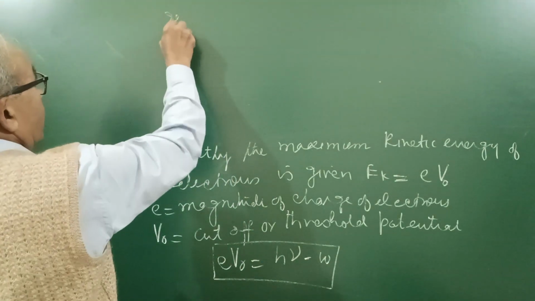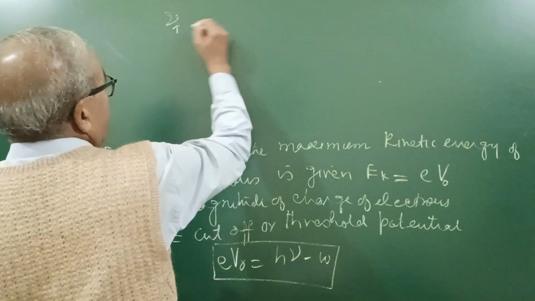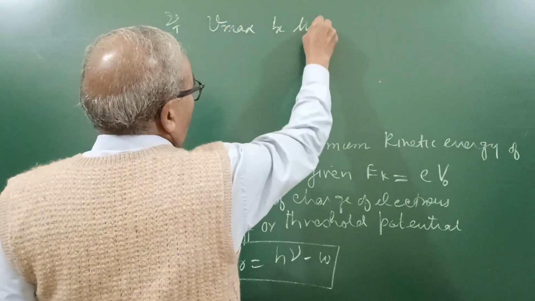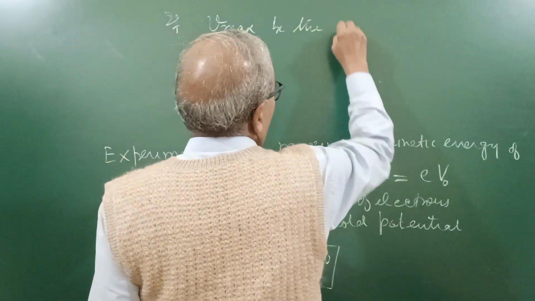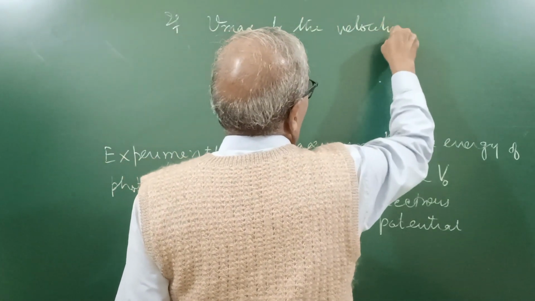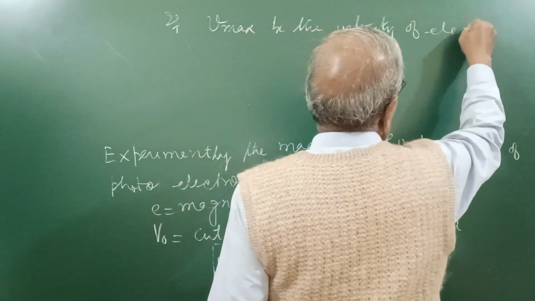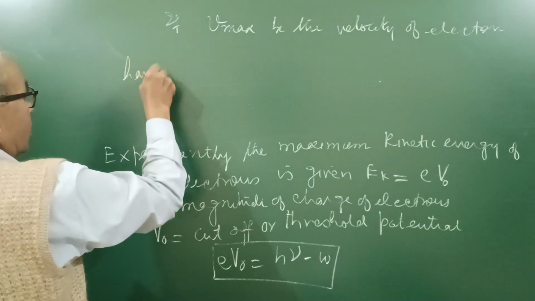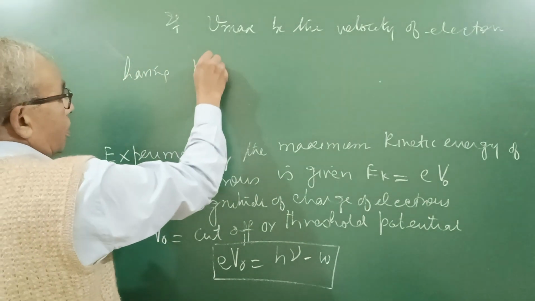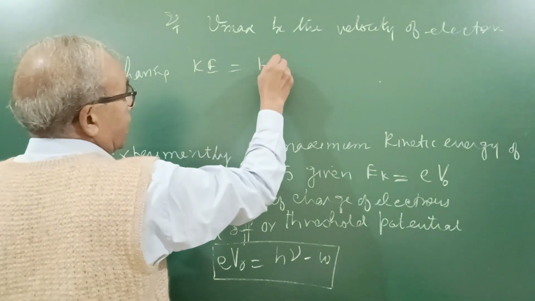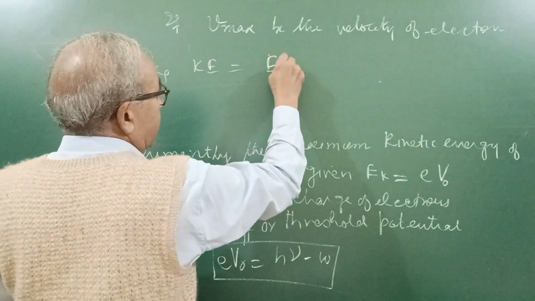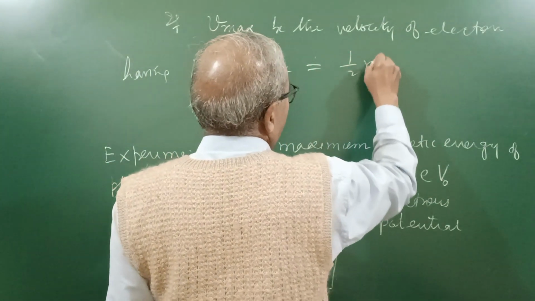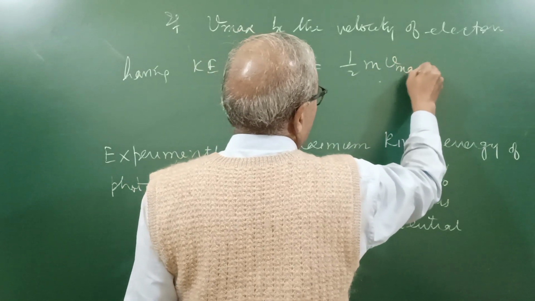So if v max be the velocity of the electron having kinetic energy Ek, then Ek is equal to half m v maximum square.